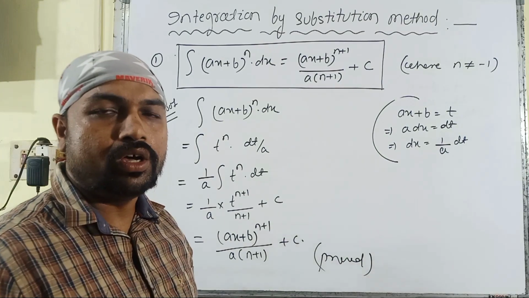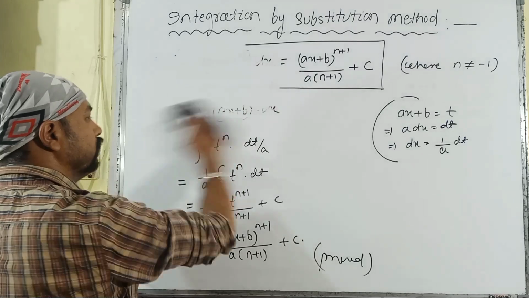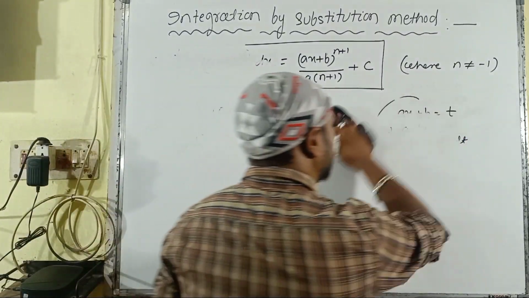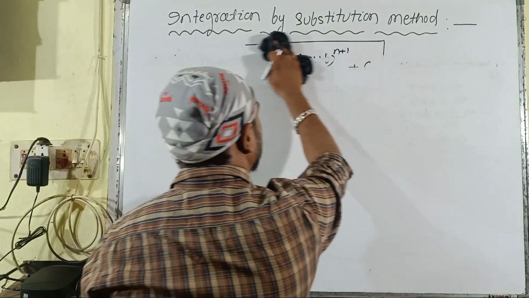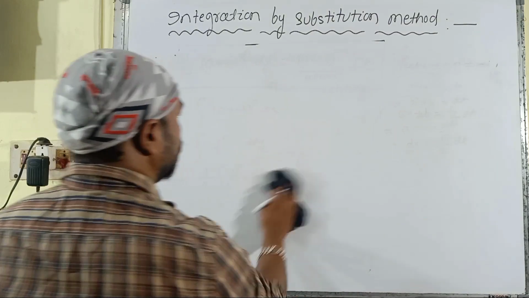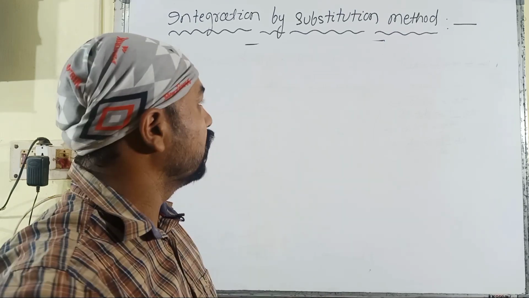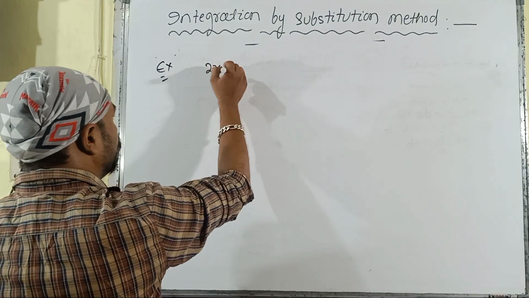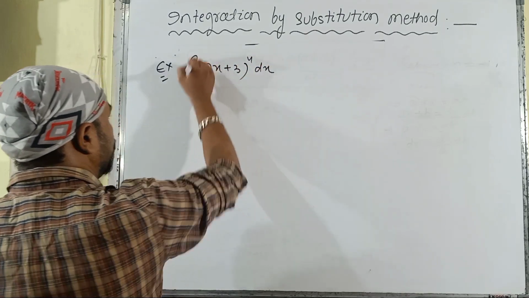Then let us go through theorem number 2. Before going to theorem number 2, let us solve an example based upon theorem number 1. Suppose we have to integrate 2x plus 3 to the power 4.